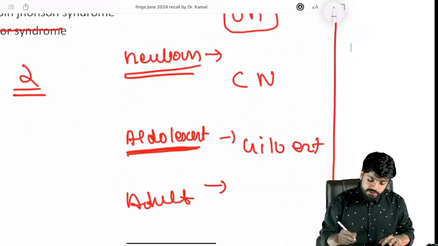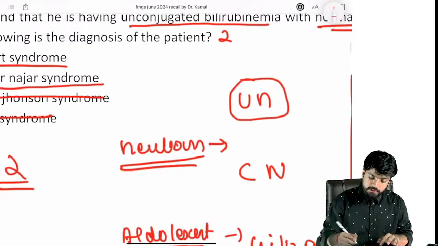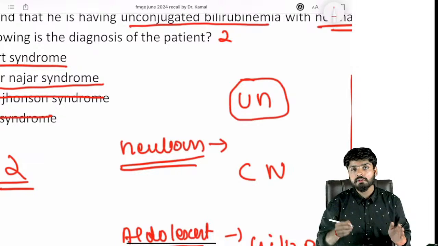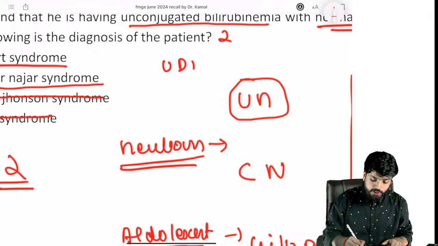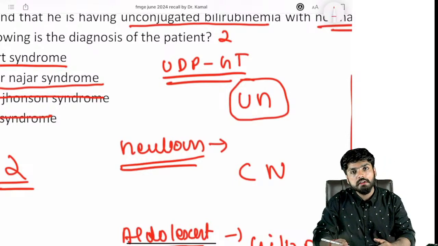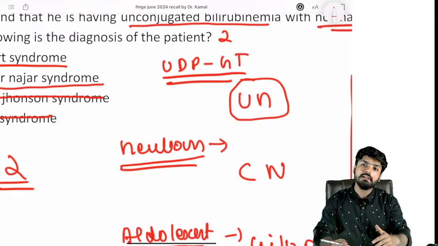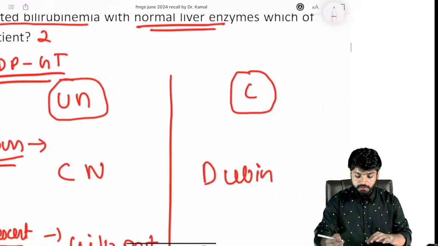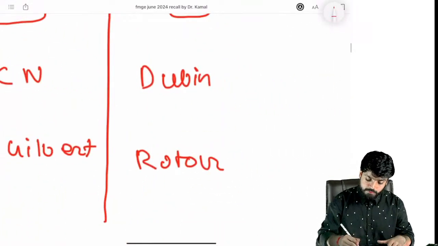The enzyme deficient in the unconjugated part, the single enzyme which helps in conjugation, is UDP-GT. This enzyme is completely deficient in Crigler-Najjar type 1 and partially deficient in Crigler-Najjar type 2 and Gilbert. What about Dubin-Johnson?